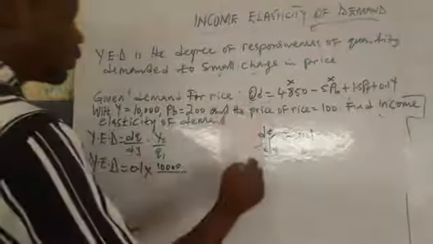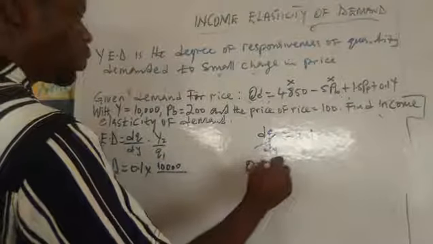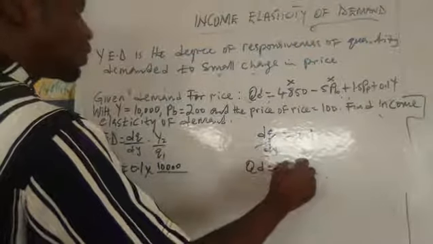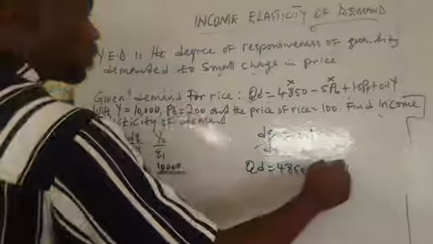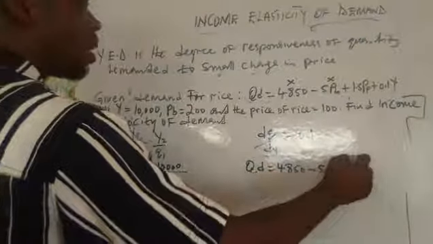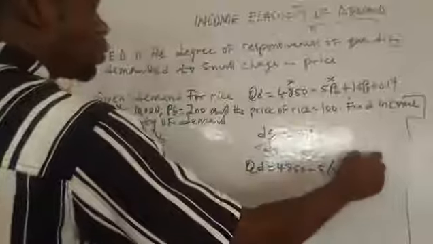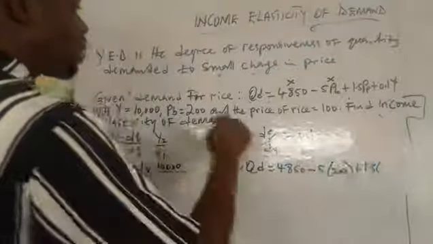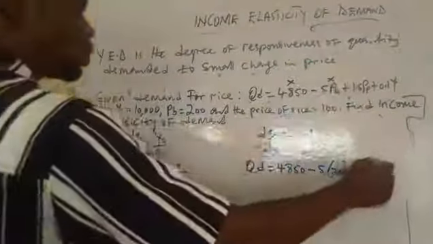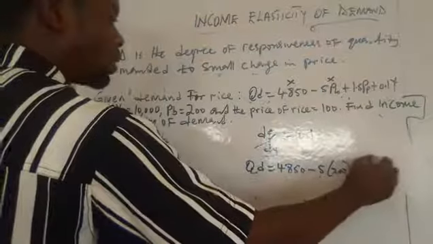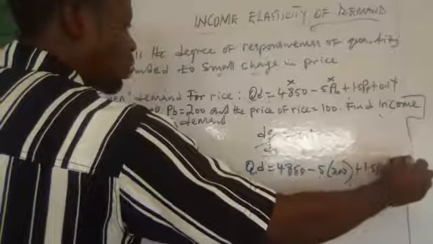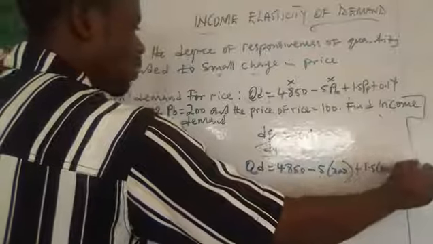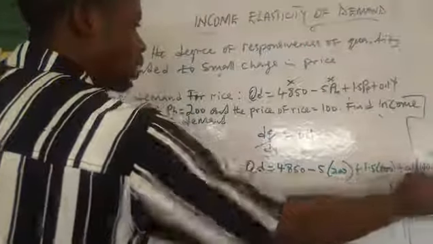So if you insert all these figures in the function here, QD equals 4850 minus 5. Instead of writing PV, we put our 200, plus 1.5 bracket our price of the commodity, which is P, the price is 100, then plus 0.1, y is 10,000.